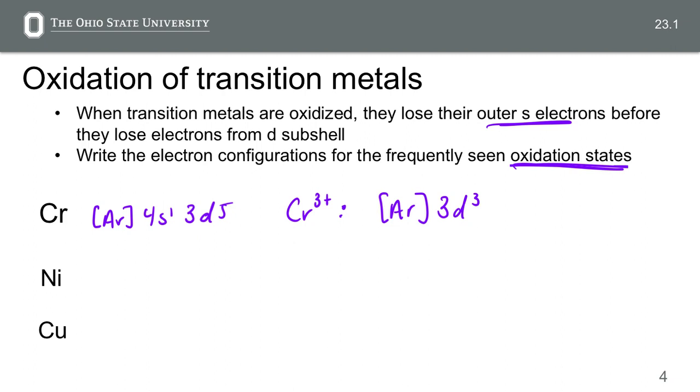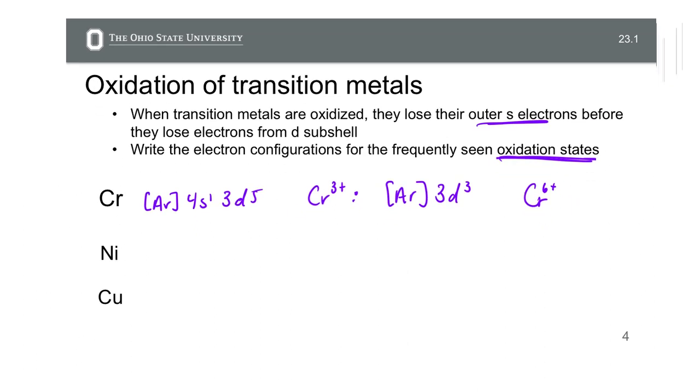There's another oxidation state of chromium that occurs frequently: chromium 6+. You may have heard of hexavalent chromium. It's an environmental pollutant. This is hexavalent chromium, the 6+ oxidation state. In that form, that ion, all of the valence electrons have gone.